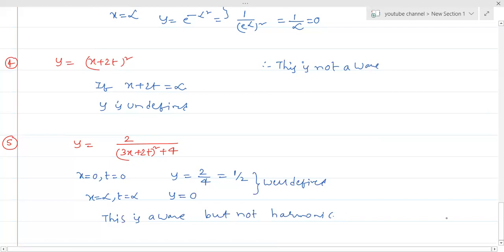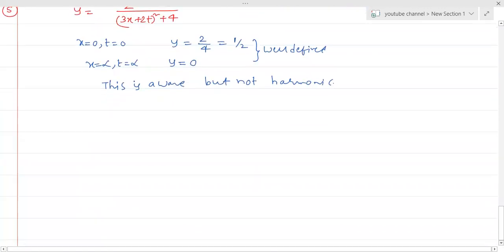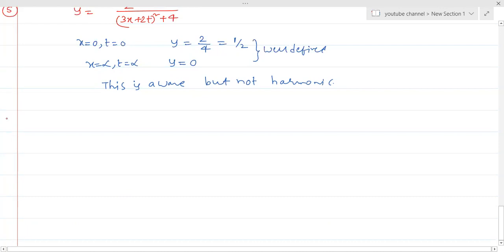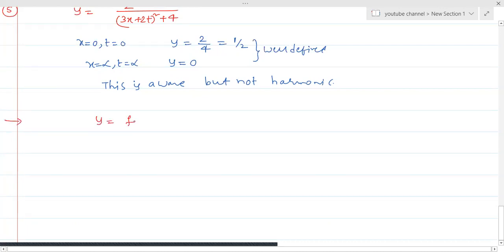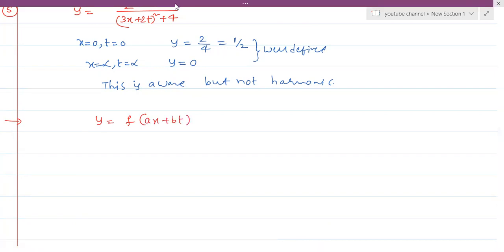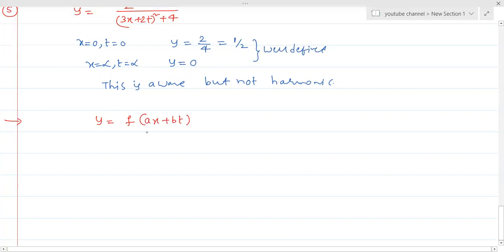Now, how will we understand the velocity of the wave? We are taking a simple logic. For example, if y is given as a function of ax plus bt, then that function should be a constant value because it is well defined for any value of x and t.